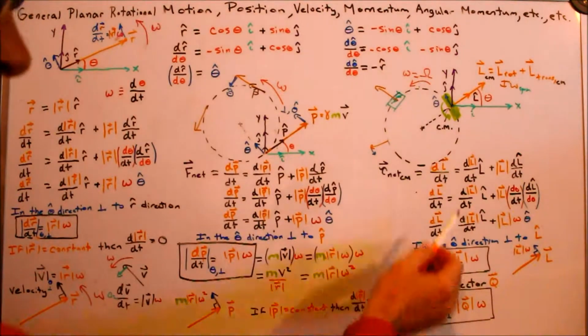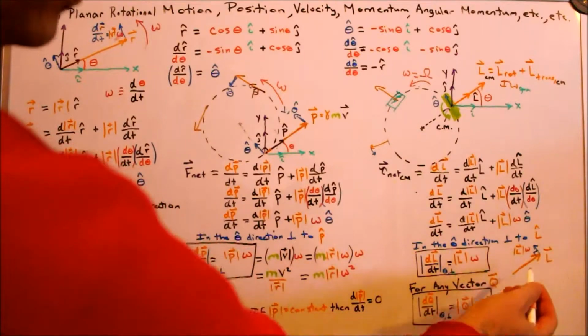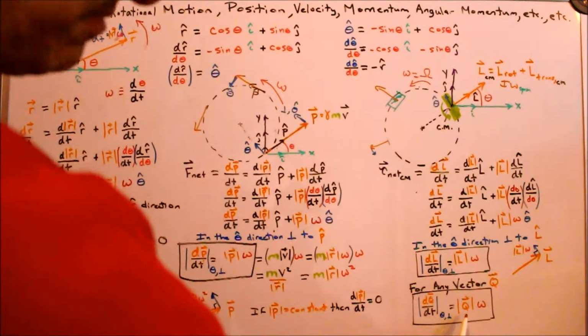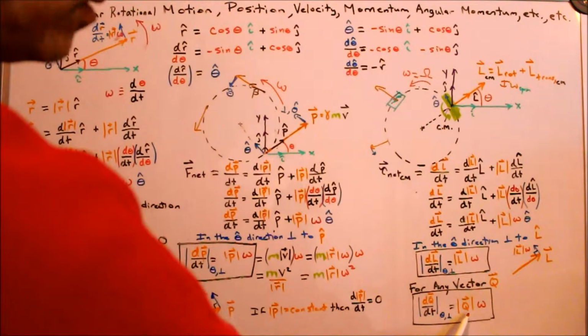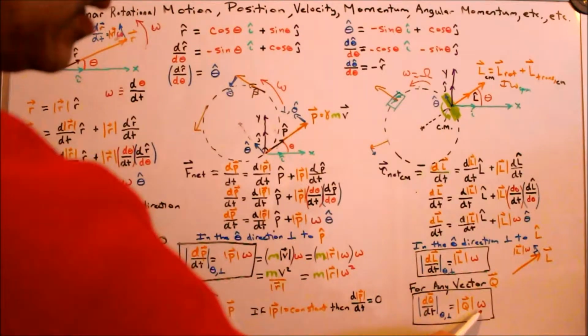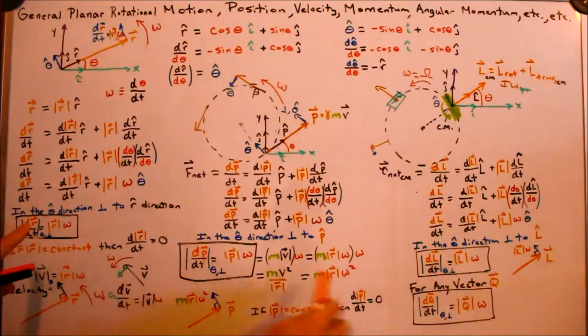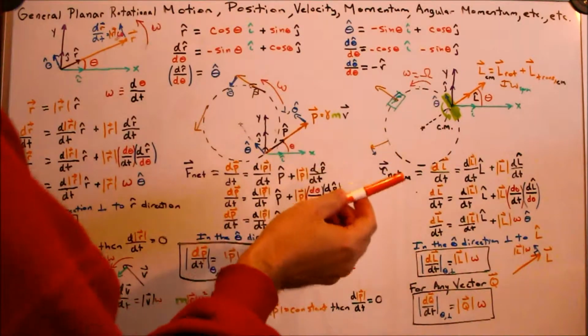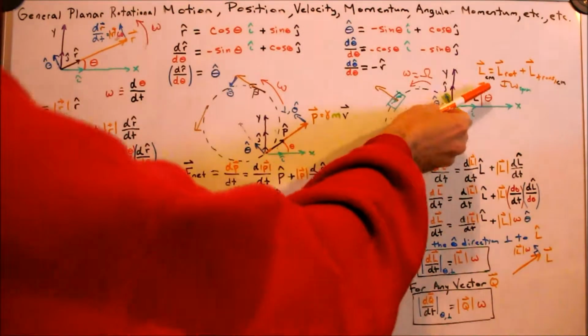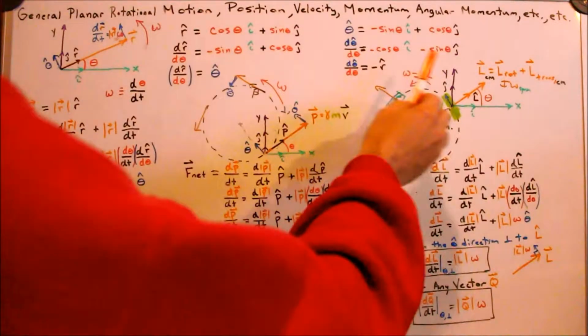It is going to be perpendicular to the vector in the direction it's spinning, and its magnitude is whatever the magnitude of that vector is at that moment of time times omega. And that's very, very powerful, because it can be used many, many times, since we have many rotational systems where things are spinning around.